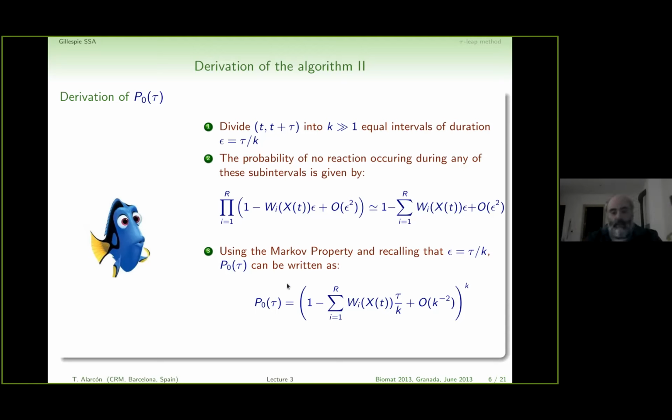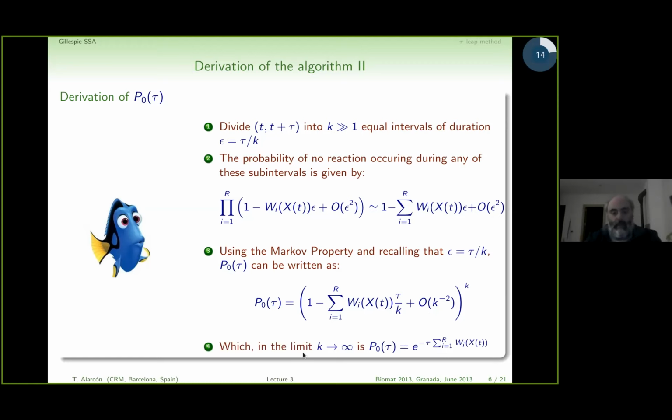Okay, therefore we will have this expression. Here we have used that epsilon is tau divided by k. And again, we have contributions of order k to the -2. Now, because we are assuming that k is much bigger than 1, if we let k go to infinity, this is going to be familiar to everyone as the definition of the exponential.